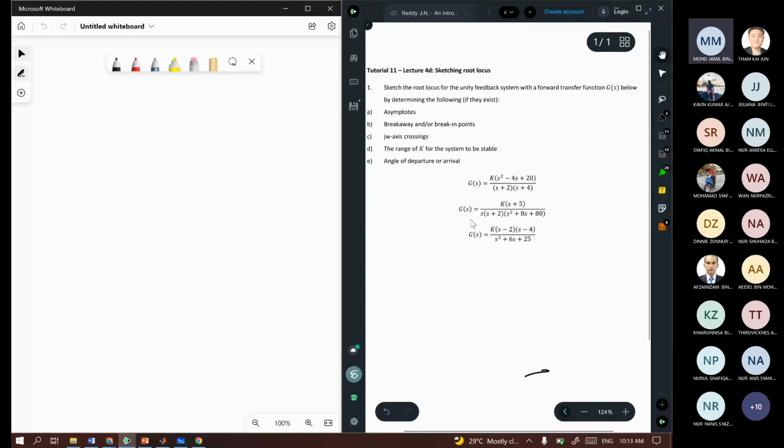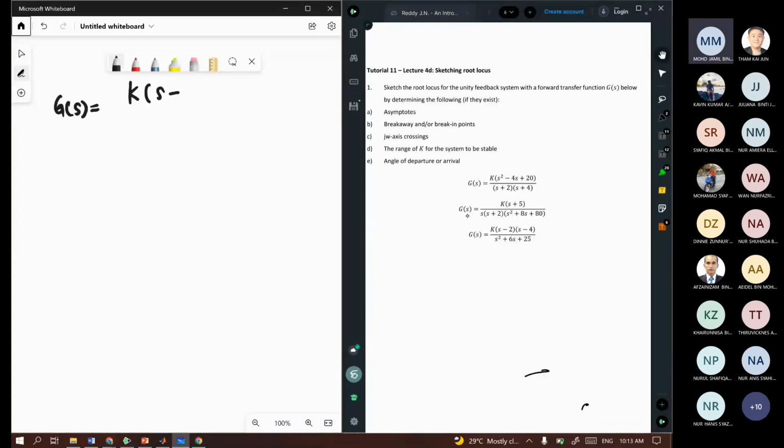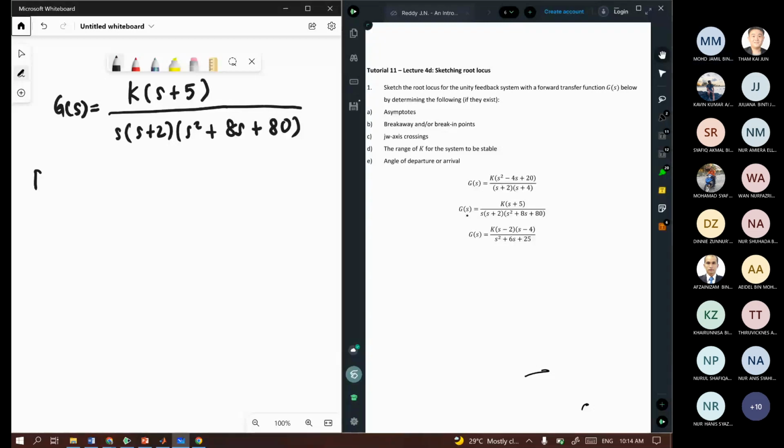So the forward transfer function is G(s) equals K times (s plus 5) over s squared plus 8s plus 80. Okay, so firstly, we need to find the poles and zero. So the poles will be solving the denominator.